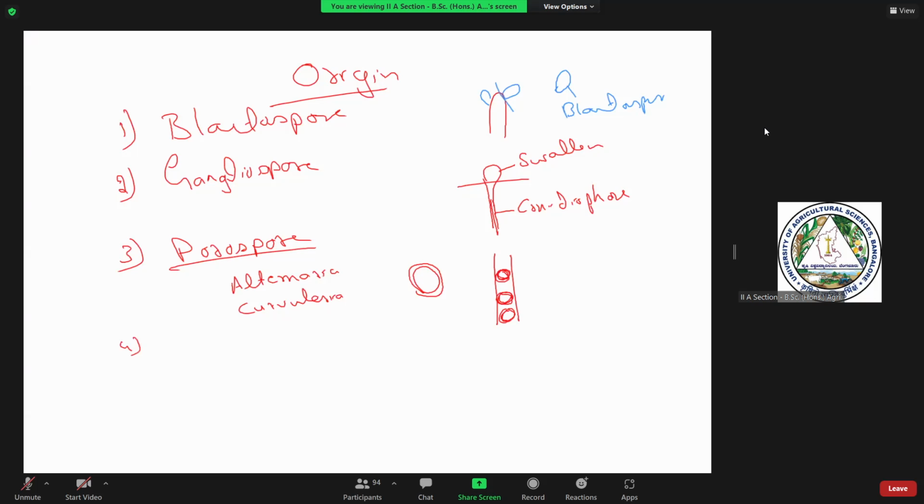The fourth one is called the phialospore. This is a very important type of spore, very commonly produced in Trichoderma, which is a very good biocontrol agent. Here the conidia are born on a structure called a phialide.